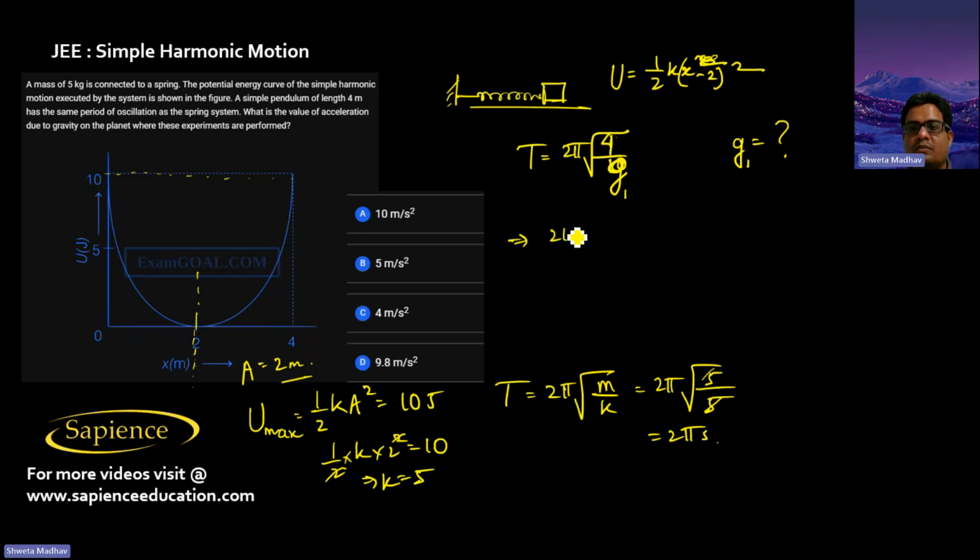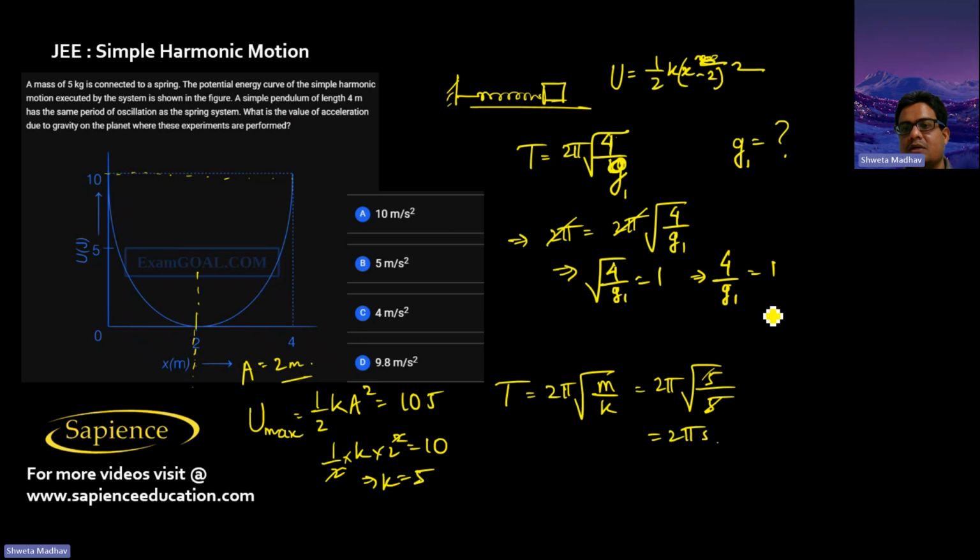Therefore 2 pi will be equal to 2 pi root over 4 by g1, and 2 pi will get cancelled. So root over 4 by g1 is equal to 1, therefore 4 by g1 is equal to 1. So g1 will be equal to 4 meter per second square.